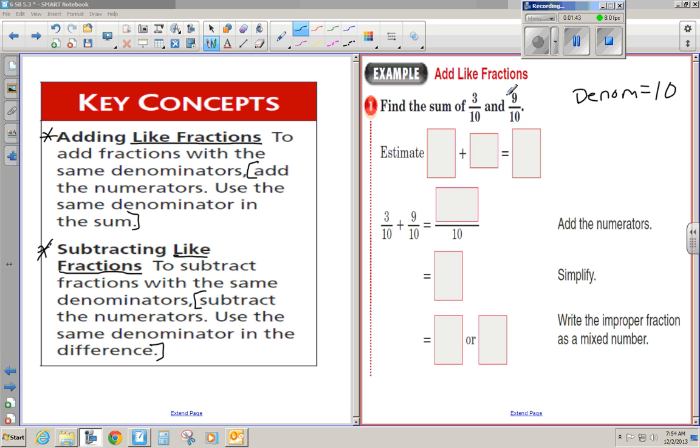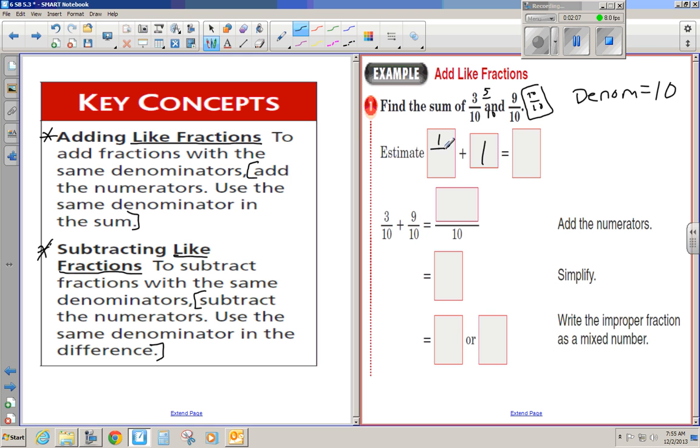We just got done rounding to the nearest whole, so 9/10 is approximately 1. It's almost 10 over 10. Now, you don't actually have to do this part, but it's a good way to make sure you did it correctly. You know that 3 out of 10 is closer to 5 out of 10, so it's basically 1/2.